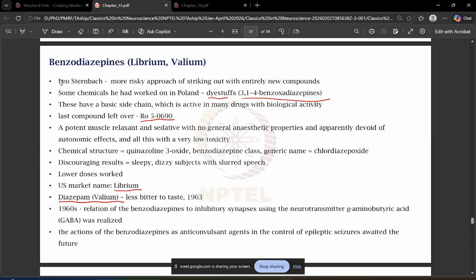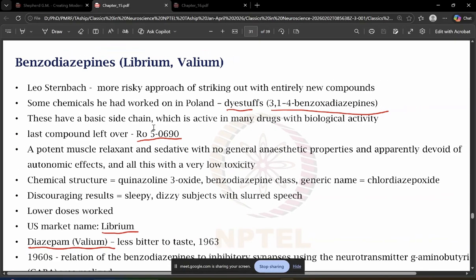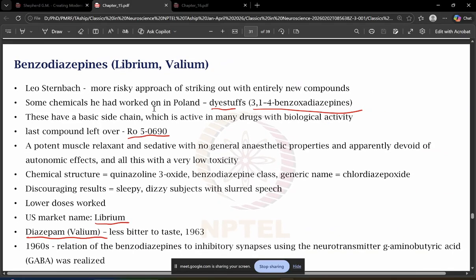At that time, Leo Sternbach decided on a more risky approach. Leo Sternbach was from Poland, and he had worked with various chemicals back in Poland, including some dyes.